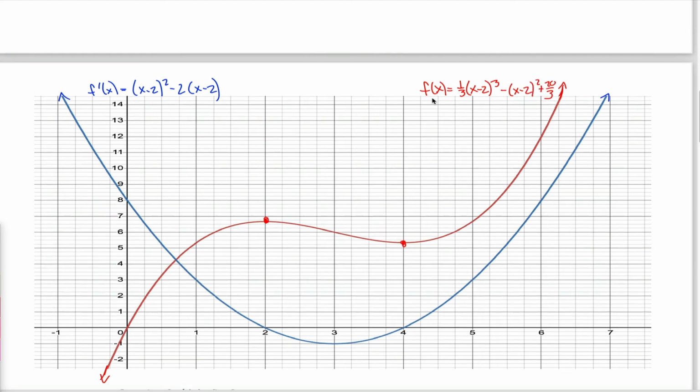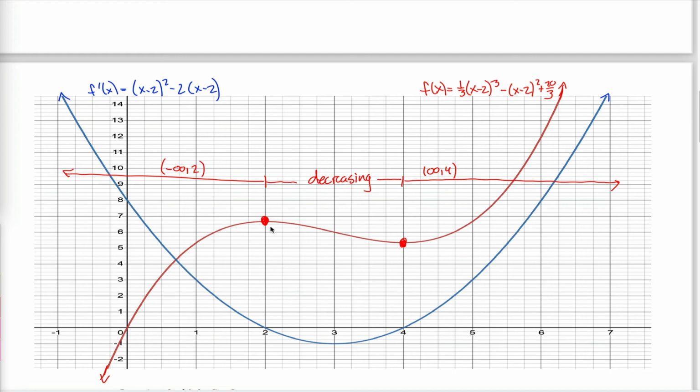What we talked about earlier are the points on the function that we're really interested in are the points at which the function is flat. And we're also interested in knowing when the function is decreasing, like it is in this case between 2 and 4, and when the function is increasing, in this case everything to the left of 2 and everything to the right of 4.